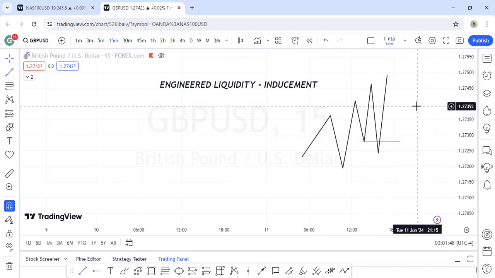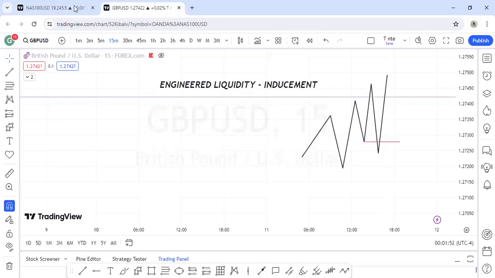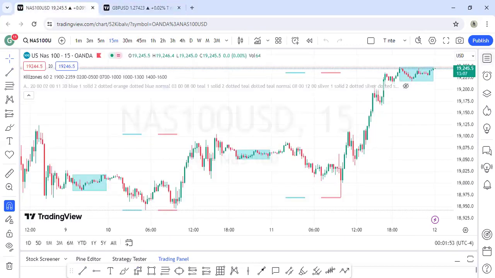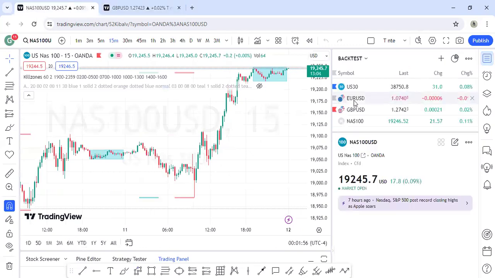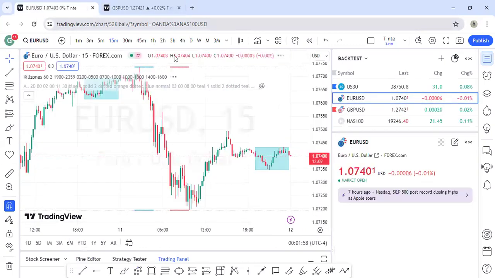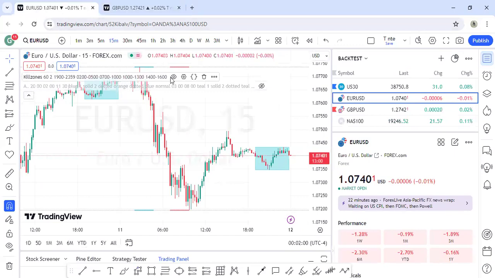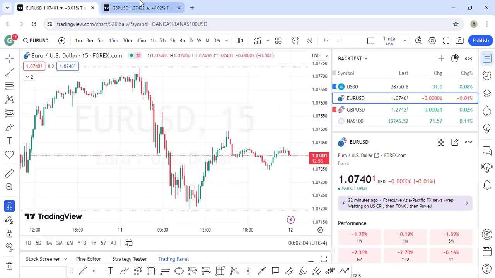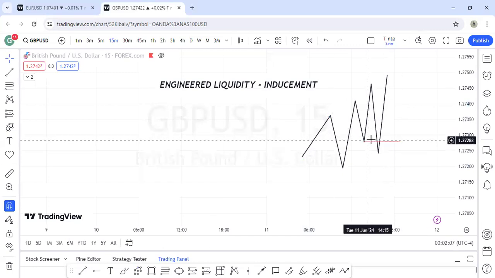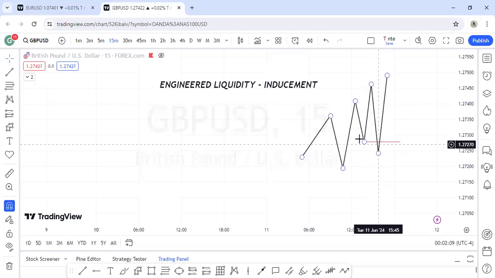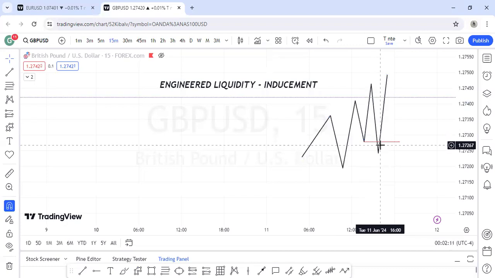Why the market does this is that you would have the original POI below, right? Despite the original POI being below, the market is still going to create some kind of trap for people to get in early, right?